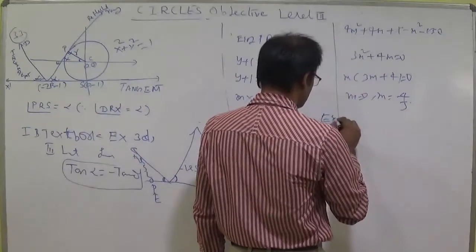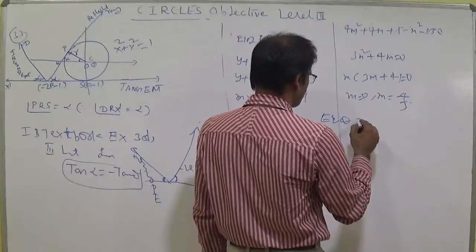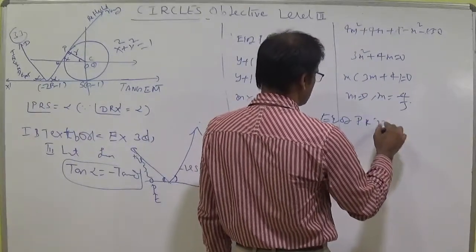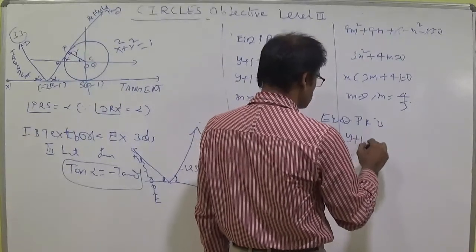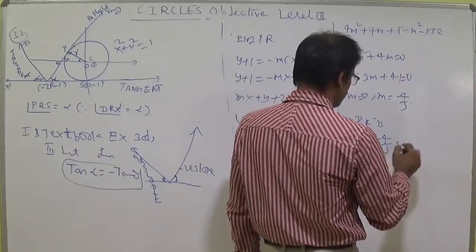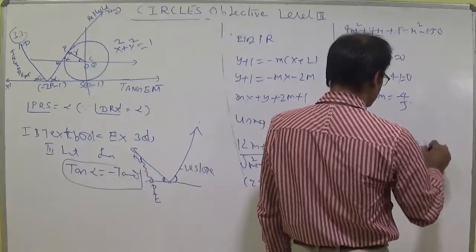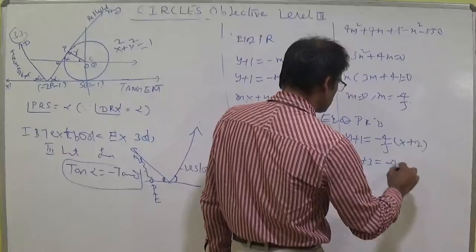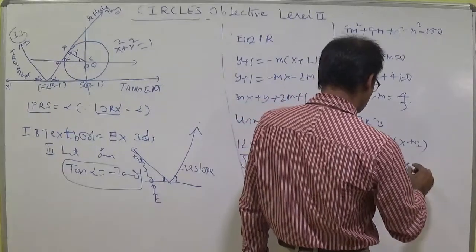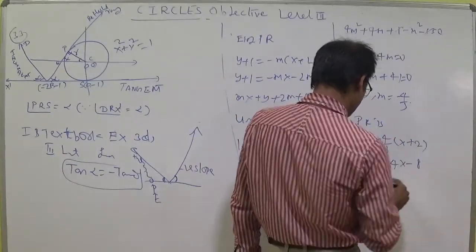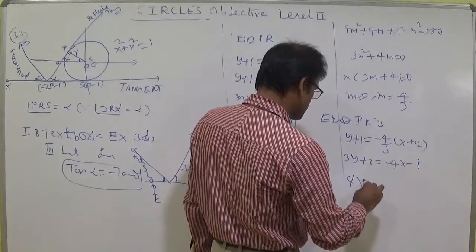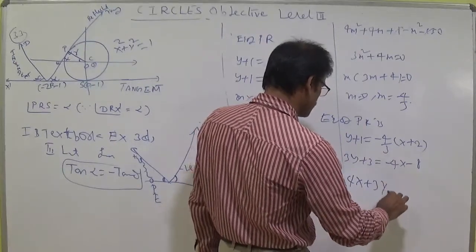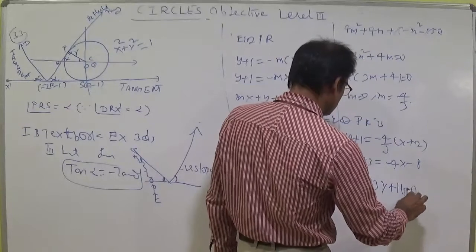Now the equation of PR, the reflected ray, is y plus 1 is equal to minus 4 by 3 into x plus 2. So 3y plus 3 is equal to minus 4x minus 8. Taking this side, it becomes 4x plus 3y plus 11 equal to 0.